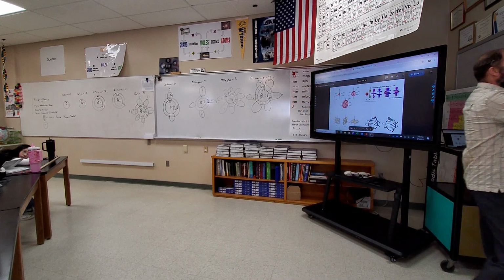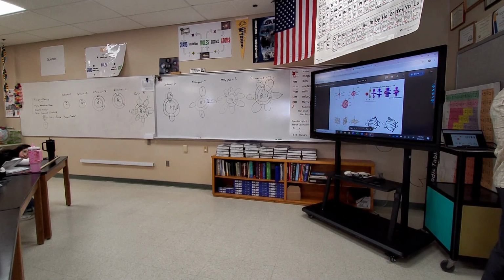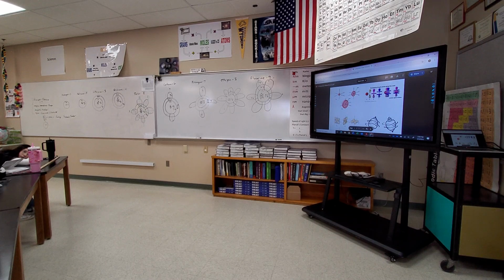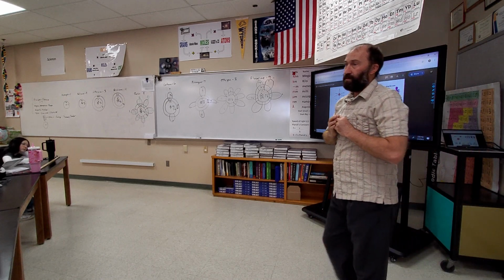We now go to the third level. So sodium is gonna look just like this, but with another circle. It's gonna be a 1s, a 2s, and then the 2 p's, and then a 3s.